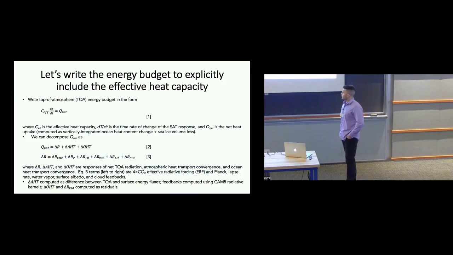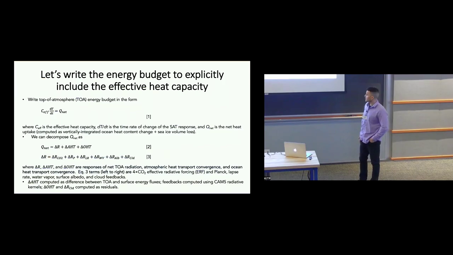Just a couple of other details here. Again, we neglected the heat capacity of the atmosphere, so that allows us to compute delta AHT. It's just the difference between the TOA and surface energy fluxes. We computed all of the feedbacks in equation 3 with the exception of the cloud feedback using the radiative kernel method, employing CAM5 radiative kernels from Angie Pendergrass.